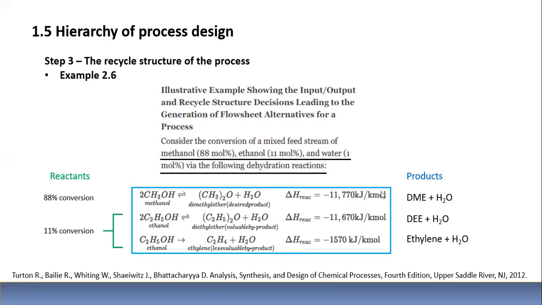The products are dimethyl ether and water, diethyl ether and water, and ethylene and water. Dimethyl ether and diethyl ether are more valuable, and ethylene is also valuable, but less valuable than diethyl ether.